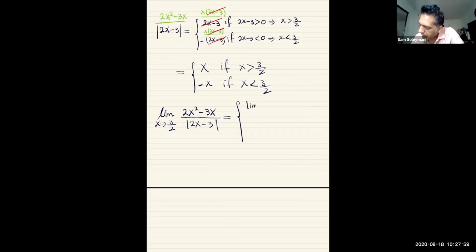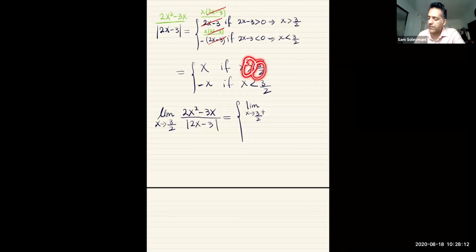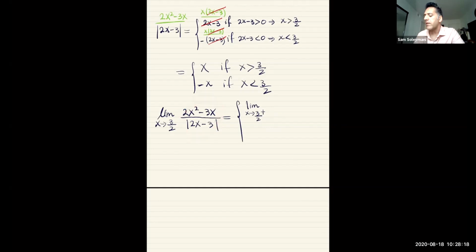So we do the limit as x goes to 3/2 from the right. The right of 3/2 is when x is greater than 3/2, and the function is just x there. And we also need to find the limit as x goes to 3/2 from the left.